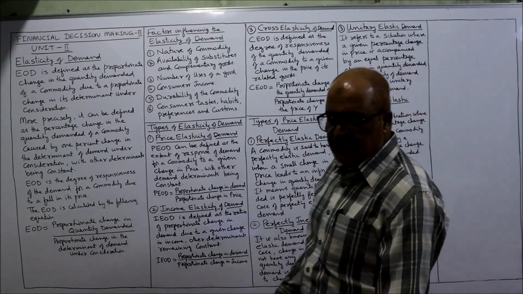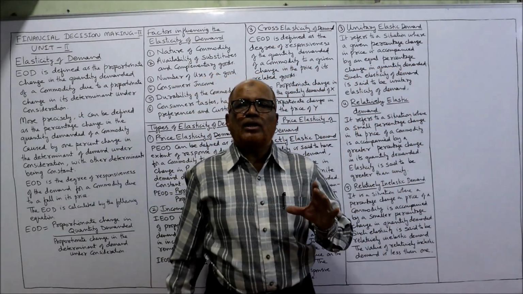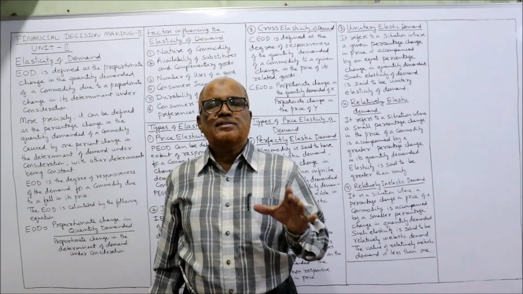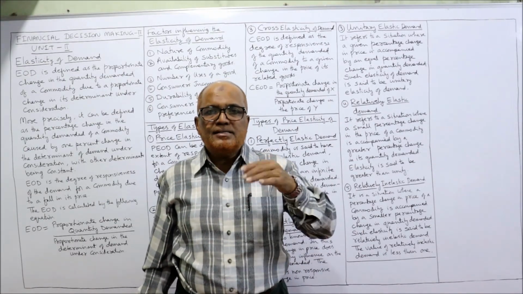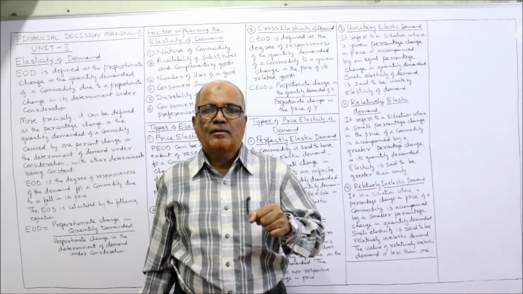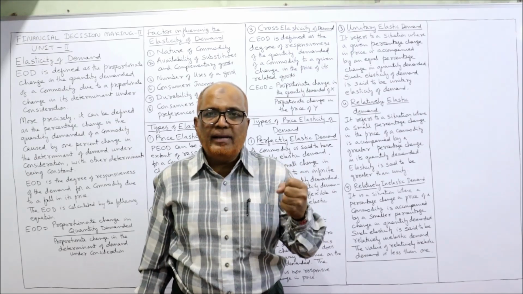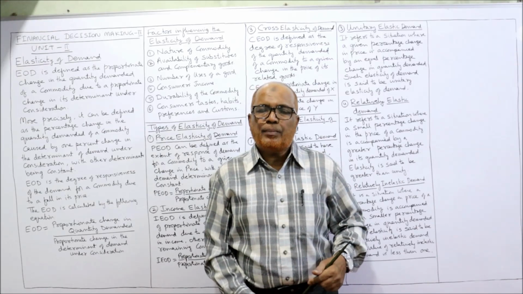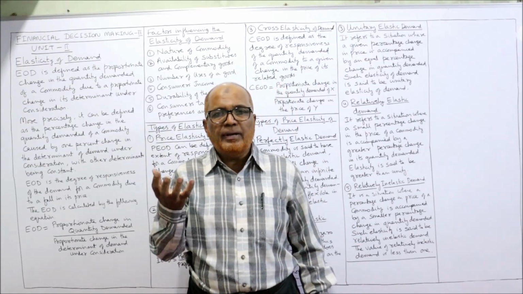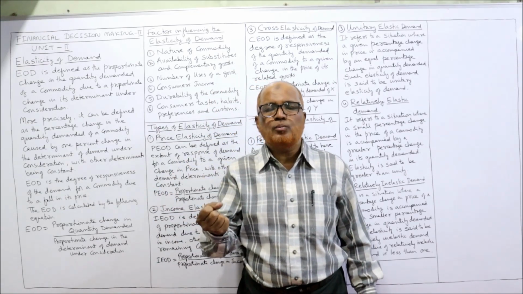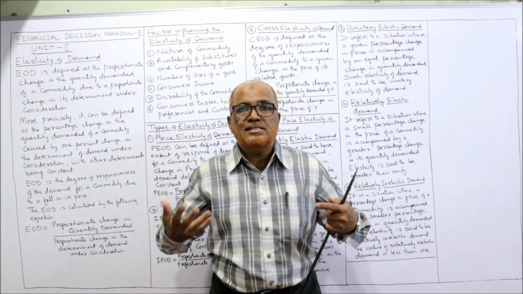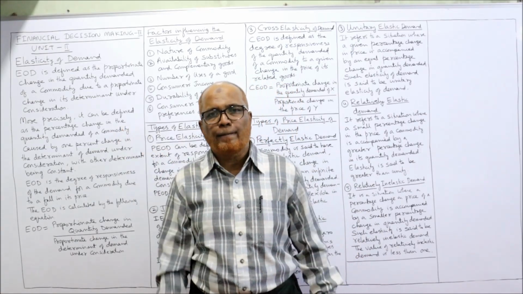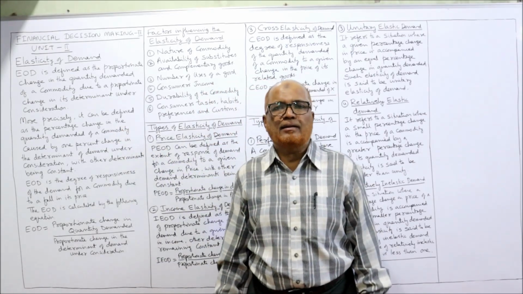Now, elasticity of demand. First of all, demand. In economics, demand means a desire of a person which is backed by ability to pay and willingness to pay the price. When a person has ability to pay and also willingness to pay the price and he has a desire, then it is called a demand.